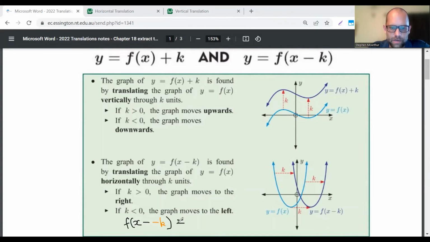The way we would actually write this, because there's two negatives, they cancel out, this is all equal to f of x plus k. And what that would do is if you ended up with something in this format with this plus here, x plus some number, it would move it left. So I hope that's all clear for you.